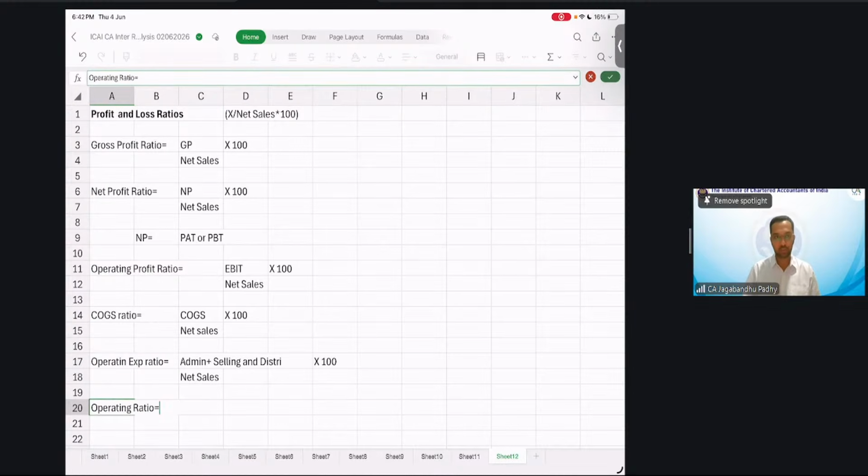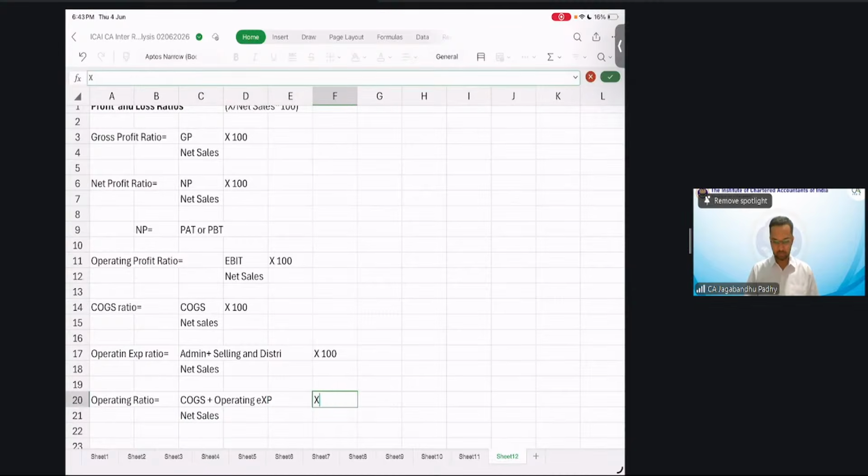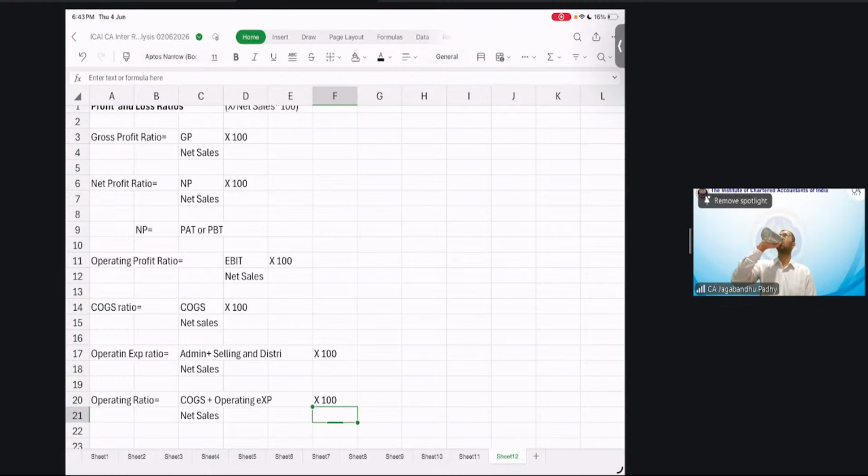Then we have something called operating ratio. Now, what is operating ratio? Operating ratio is COGS plus operating expense upon net sales into 100. So when we say operating ratio, it considers COGS also as an operating expense.